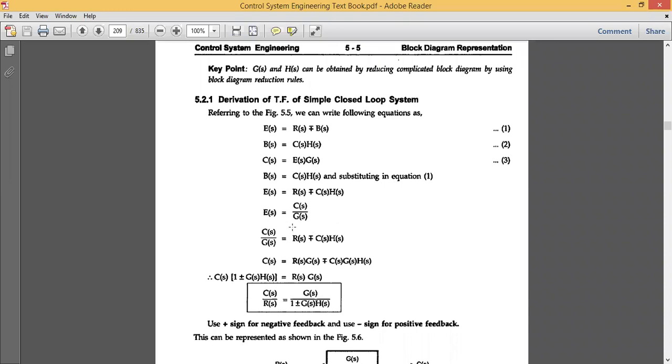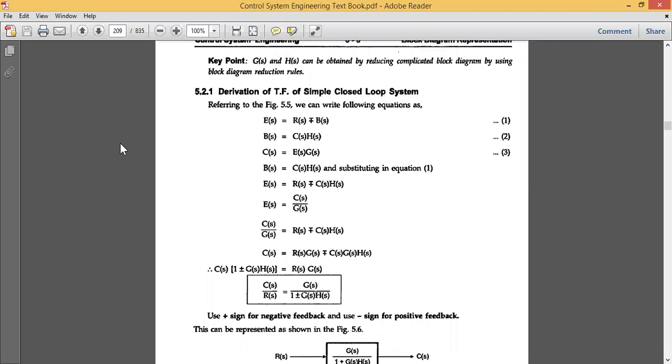If they ask you to derive the transfer function for a simple closed loop system, you can go with this. My request is to look into your textbook.